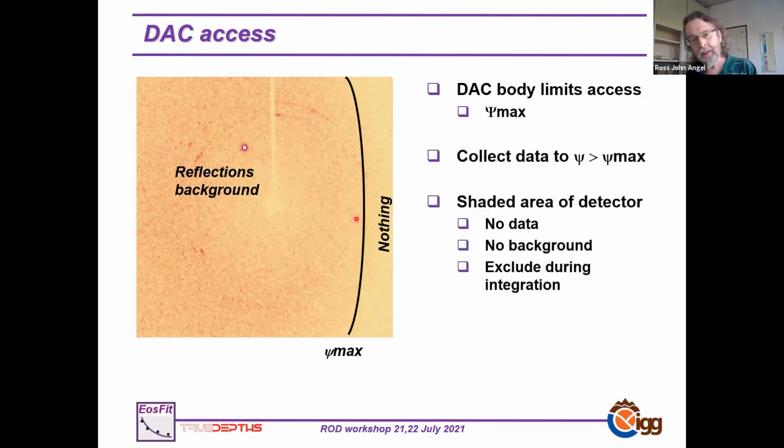I would recommend collecting data to a psi value slightly larger than the claimed psi max, or what you think it might be. You will get a little bit more shaded areas of detectors where there's no data or no background. We will have to exclude that during integration, but it gives you some flexibility. And maybe if you're lucky, your opening angle is actually slightly larger than you think it is.